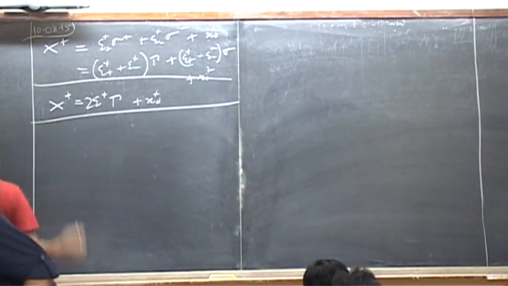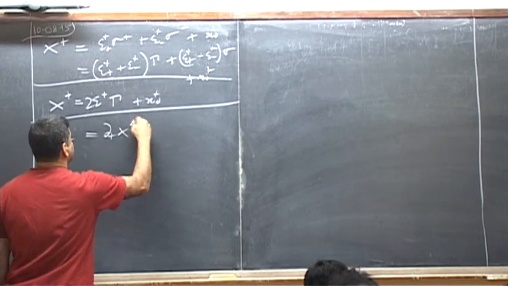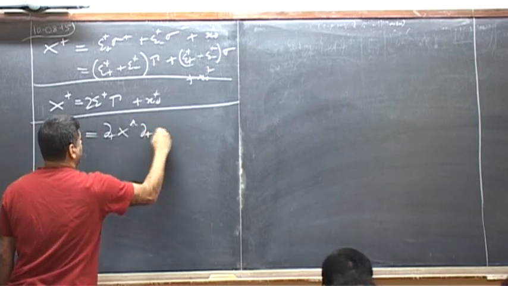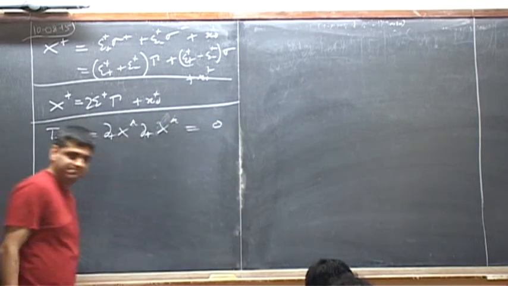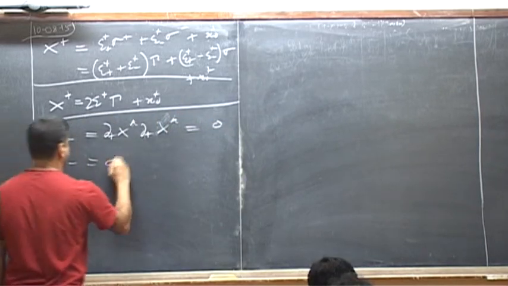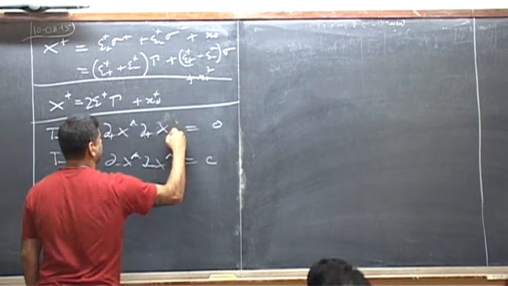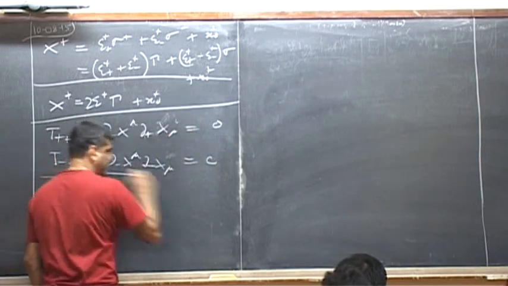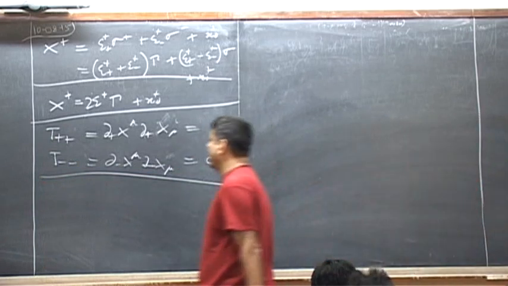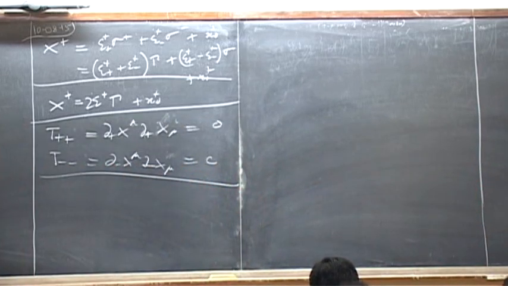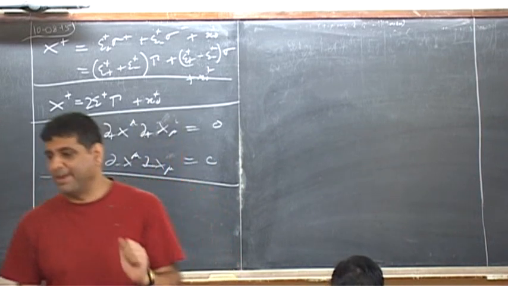We have these constraints. The constraint for t plus plus is equal to del plus x mu, del plus x mu is equal to 0. And we have t minus minus is equal to del minus x mu, del minus x mu, 0. Then what we did was to say, look, there are the xi's, x plus and x minus.